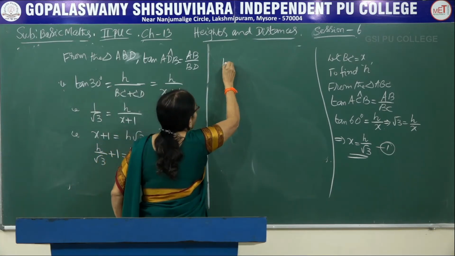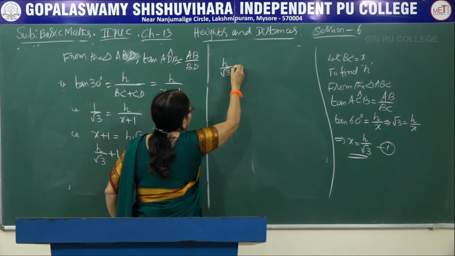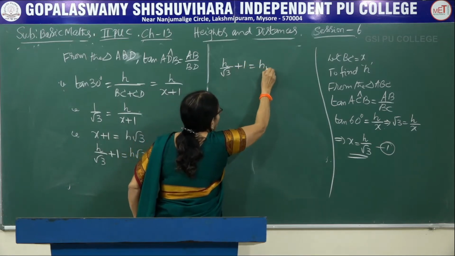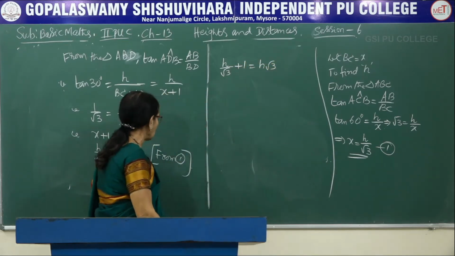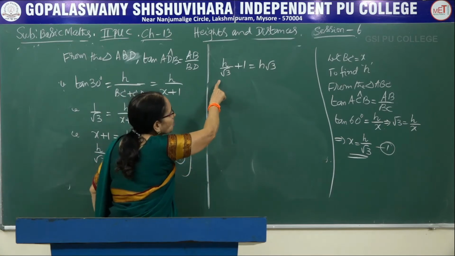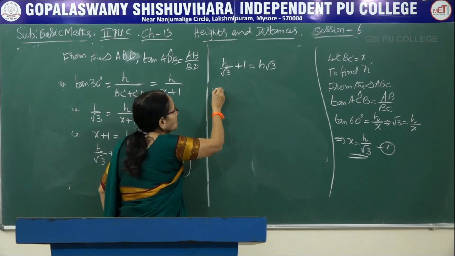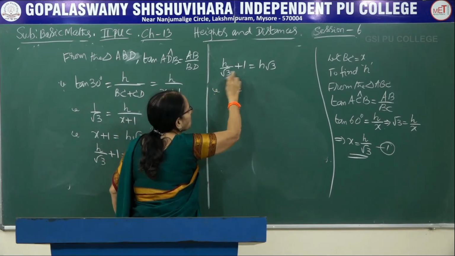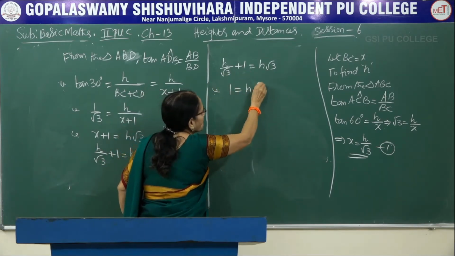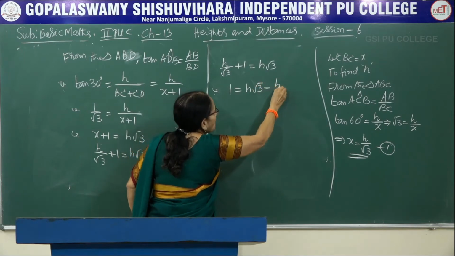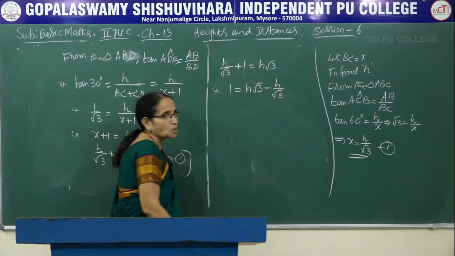So right now it is H divided by root of 3 plus 1 is equal to H into root of 3. Now H is the unknown quantity here and there. Let us take both the terms onto the same side. Keeping 1 on the left hand side, shift the other to the right hand side: H root 3 minus H by root of 3.